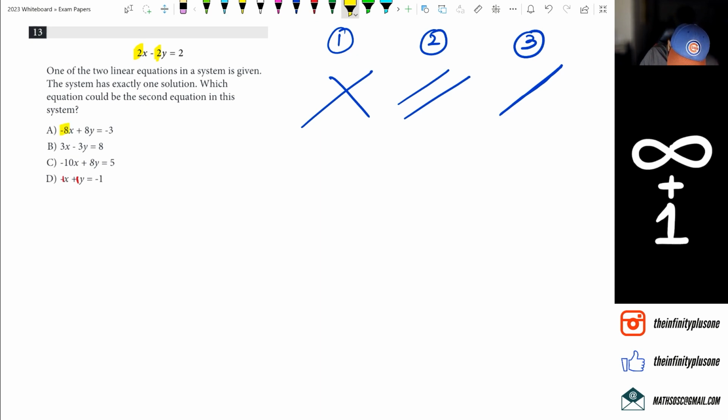In here it's 8 and 8. In here it's 3 and negative 3. In here it's 1 and positive 1. So the only one that's not the same is C. All of those other three situations are parallel lines. Green is the only one that ends up intersecting this linear line at this point. So that's how to answer this question.